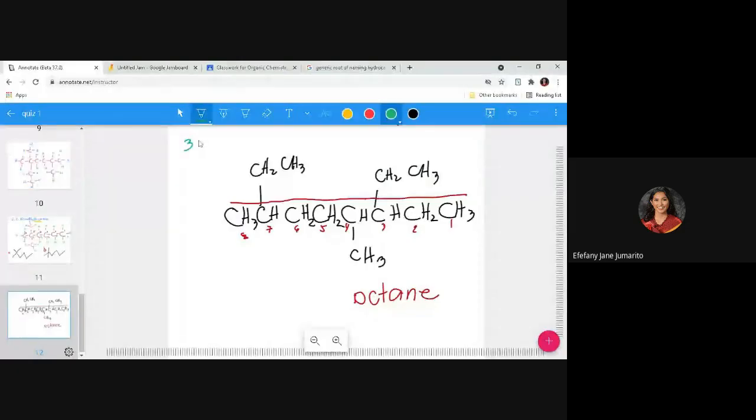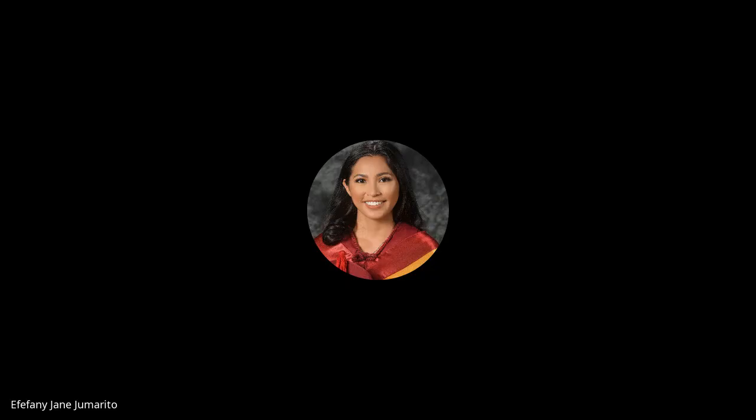For the substituents, we have 3 ethyl. And then we have 7 ethyl. Okay.